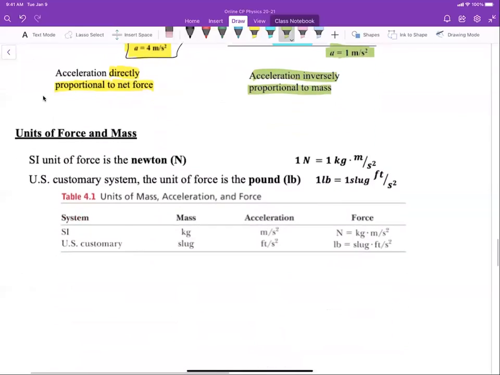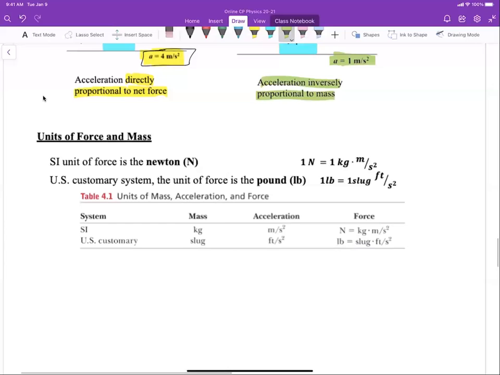Okay, we haven't talked about units of force. Units are super important, as you know. So let's talk about that. Force is equal to mass times acceleration. Well, what are my units of mass? It's in kilograms. What are my units of acceleration? Meters per second squared. So force is equal to a kilogram meter per second squared. However, we have given this a new name. It is called a Newton.